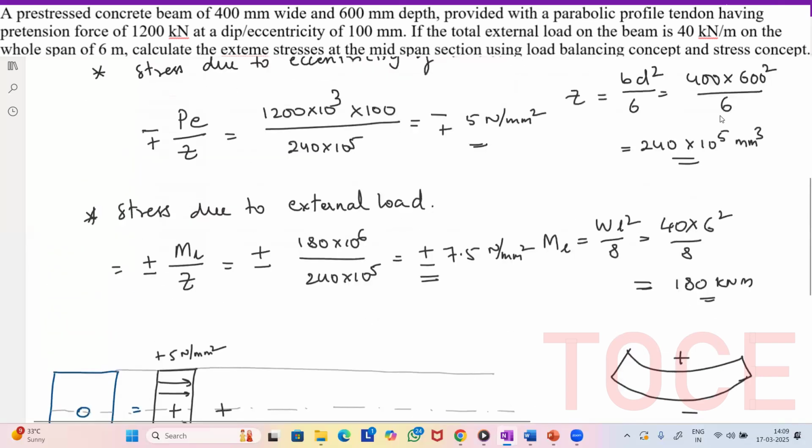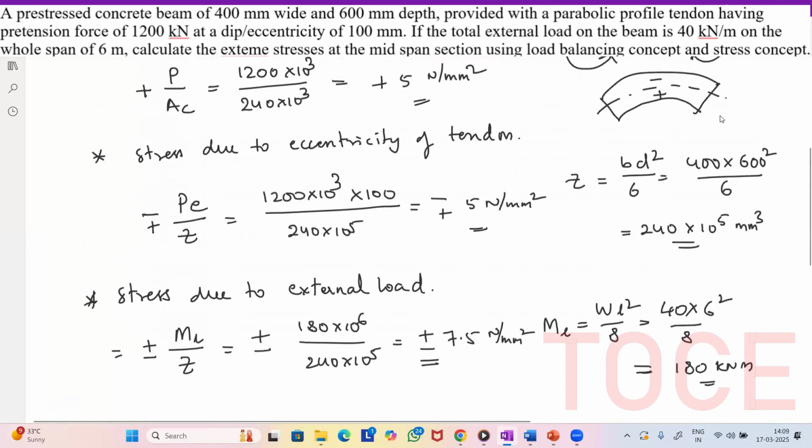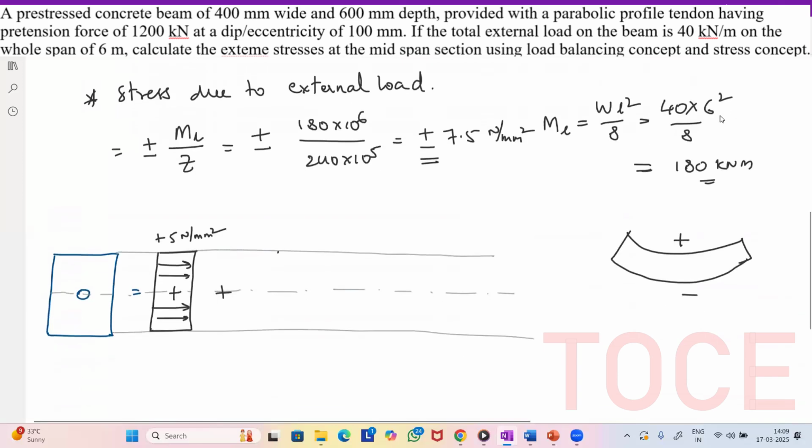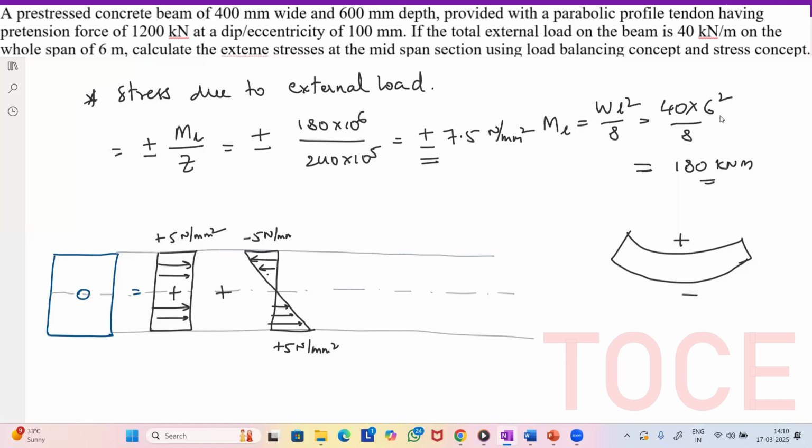Plus, then we have the stress due to eccentricity, which is minus and plus 5 Newton per mm square, right? So minus on top and plus on bottom. So this is plus 5 Newton per mm square, and this is minus 5 Newton per mm square.